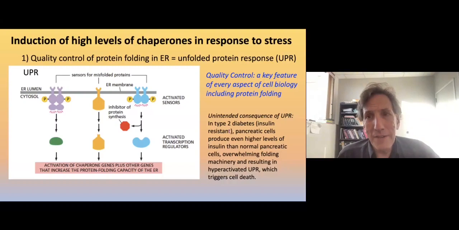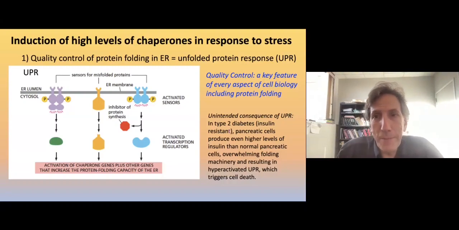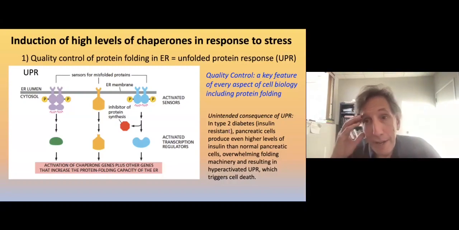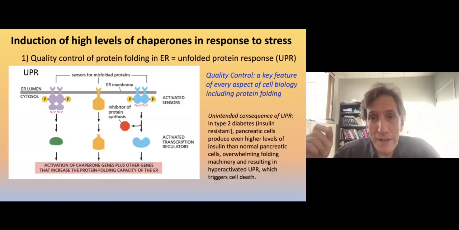It's not like they don't make insulin like people with type 1 diabetes. They make insulin, but it's not functional. They tend to make more and more insulin in the pancreatic cells. And all that insulin overwhelms the chaperones, so you induce the unfolded protein response.